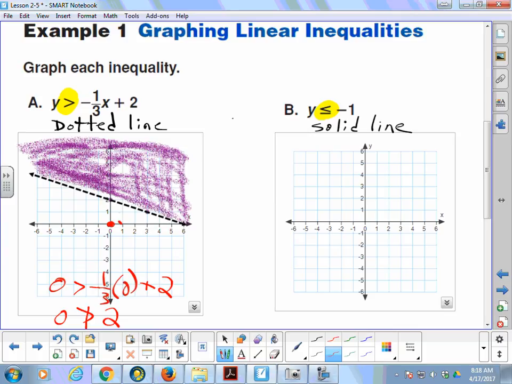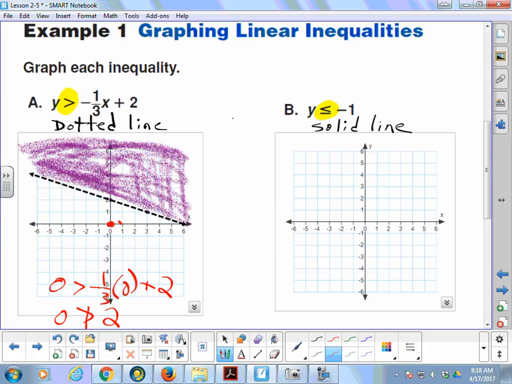All right, letter B. y is less than or equal to negative 1. So is this a horizontal line or a vertical line? Is y equals horizontal or vertical? Okay, horizontal.